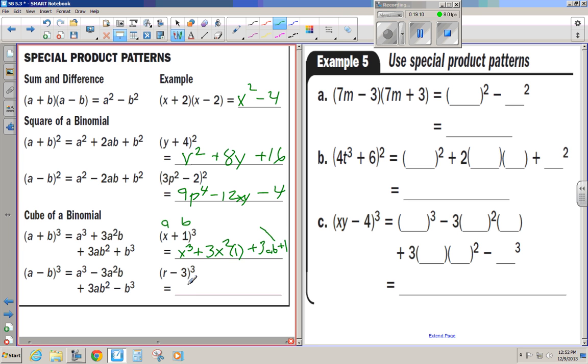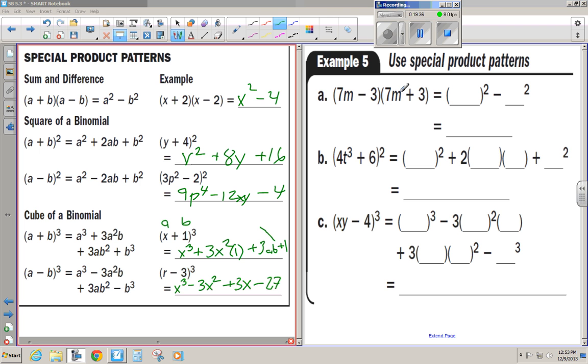And the minus is very similar. It's also in your book if you can't find it. It's x cubed minus 3x squared plus 3x minus 27. So those patterns are out there.